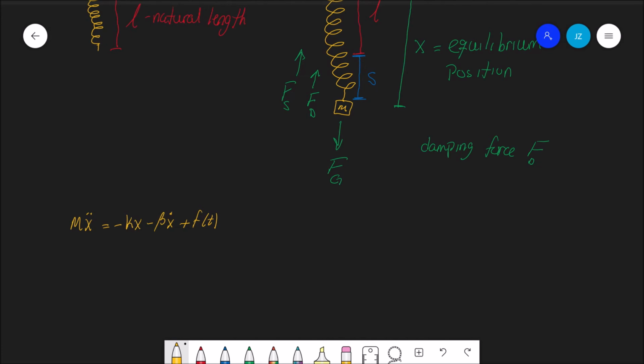If we put this into standard form, we'll get x double dot plus 2 lambda x dot plus omega squared x is equal to capital F of t, where again 2 lambda is equal to beta over m, omega squared is equal to k over m, and capital F of t now is equal to little f of t divided by m.